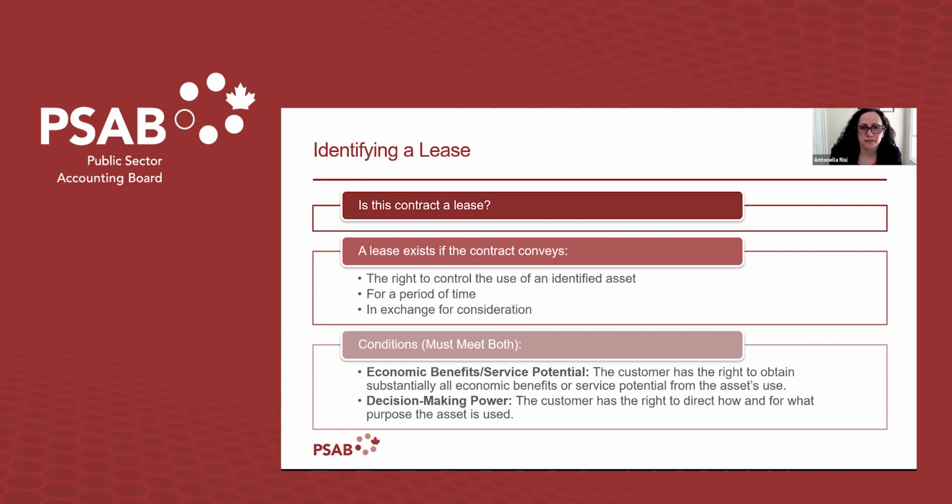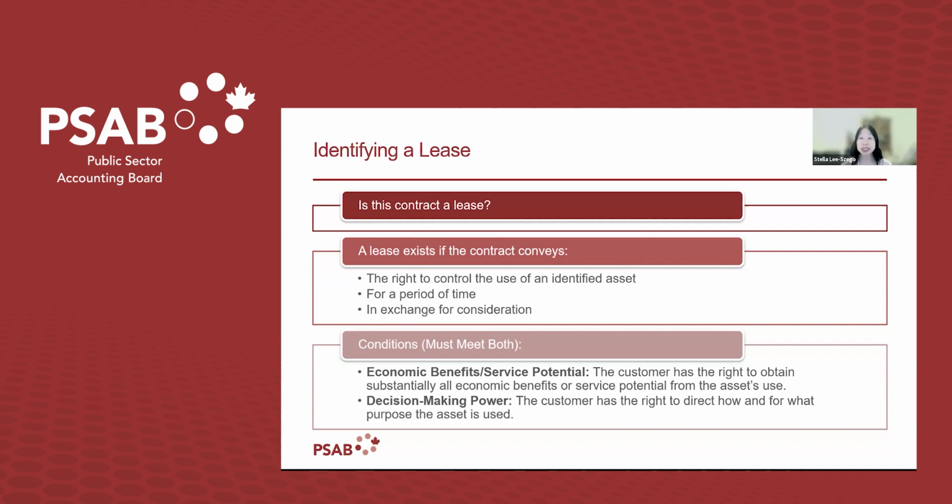Thank you, Stella. That's helpful. And it does sound easy. However, I can see some complexity with it. Like, how do we determine if a contract gives control over an asset? You're absolutely right. And to help entities make that determination, IPSAS 43 provides in its application guidance two conditions that need to be met at the same time by the customer throughout the period of use.